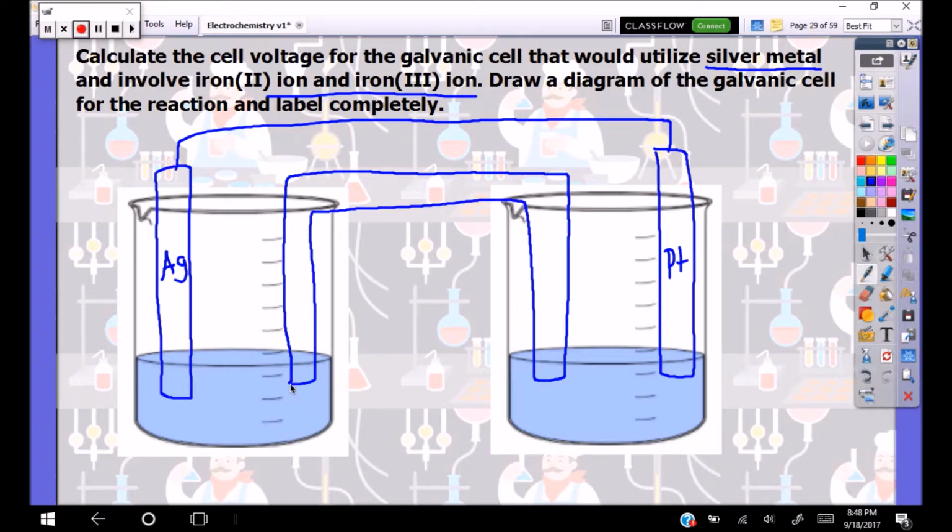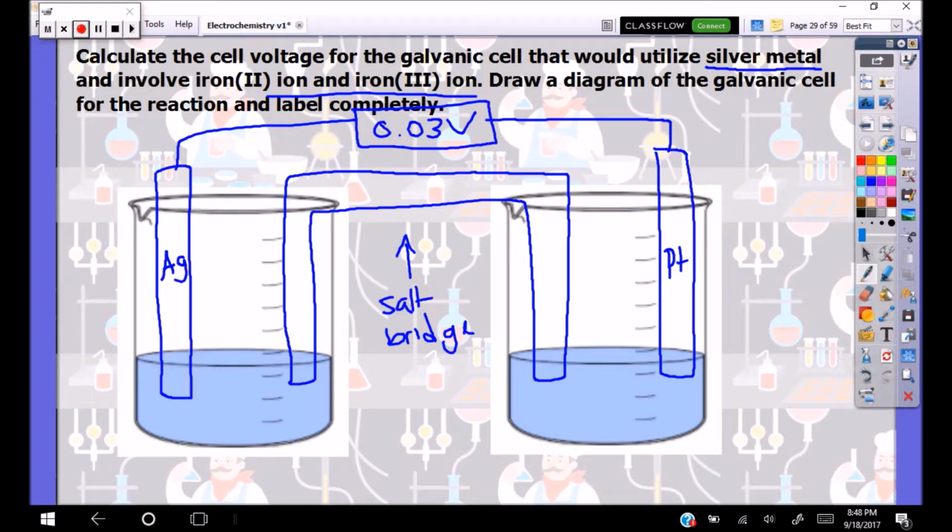Okay, this is our salt bridge. If you want to label it salt bridge, you can. Okay. And one other thing I forgot actually is when you draw your wire, you're going to need a little voltmeter. Voltmeter there. We said our volts is 0.03 volts.